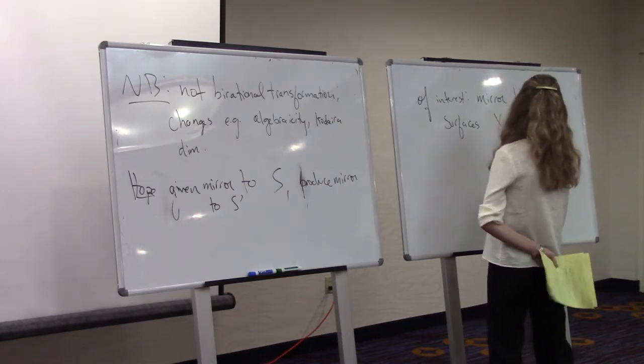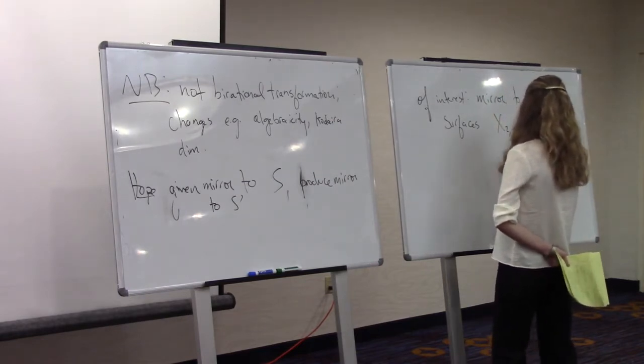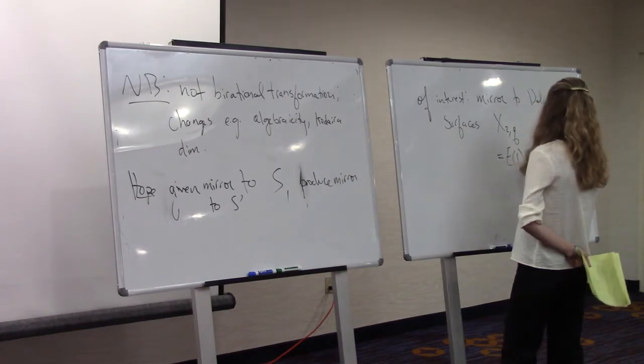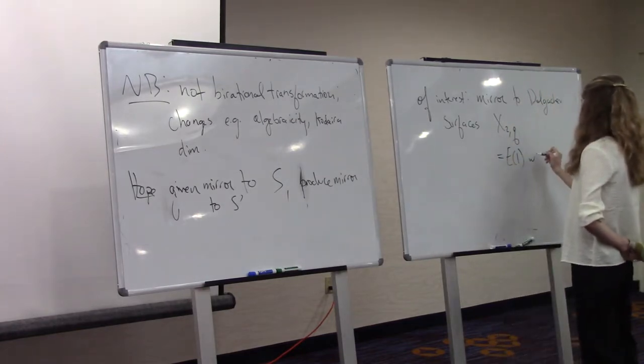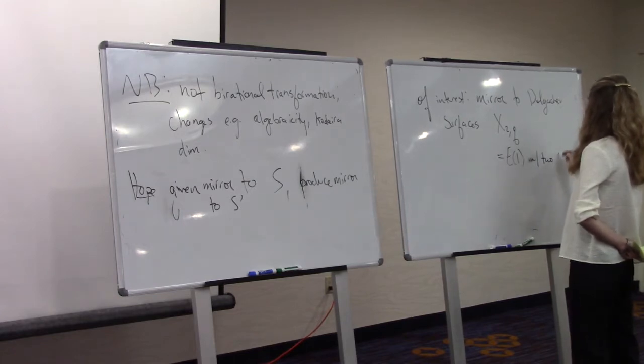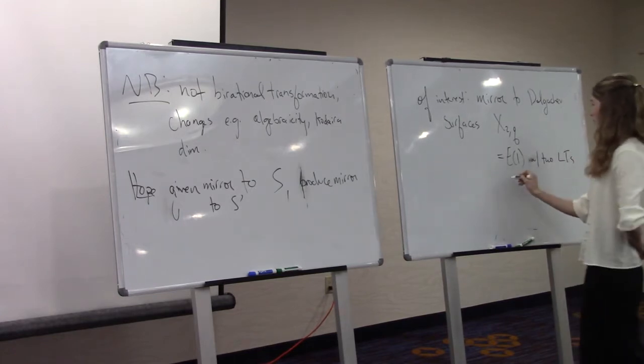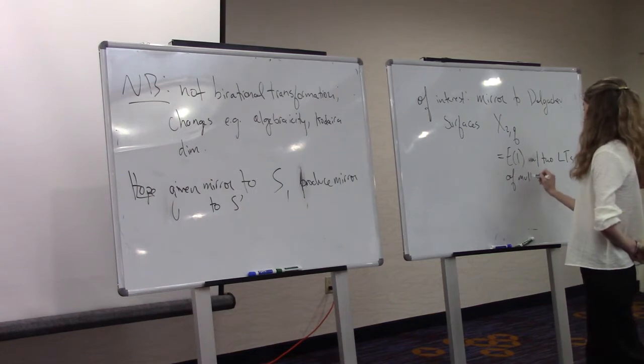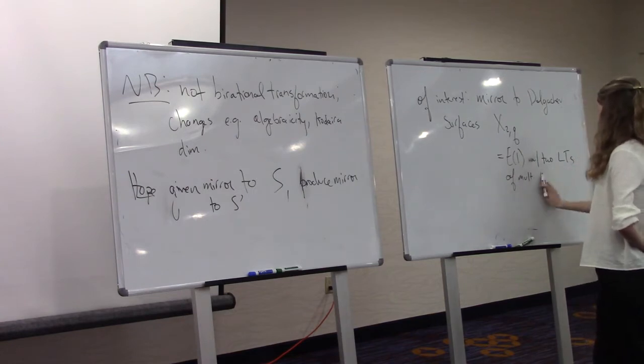I'm going to denote this X_{2,q}, and this is equal to a rational elliptic surface with two log transforms, of multiplicity 2 and q.